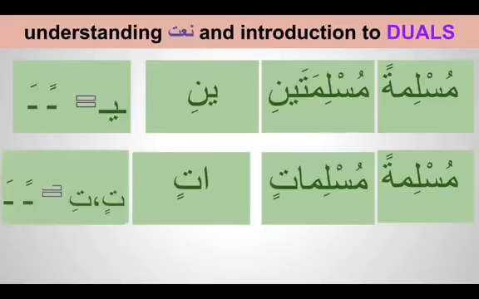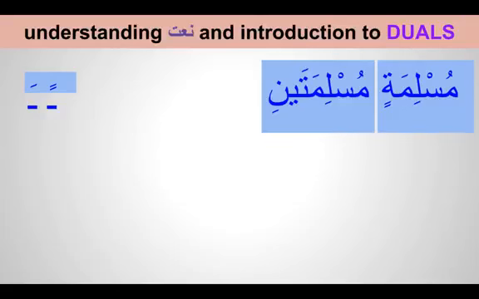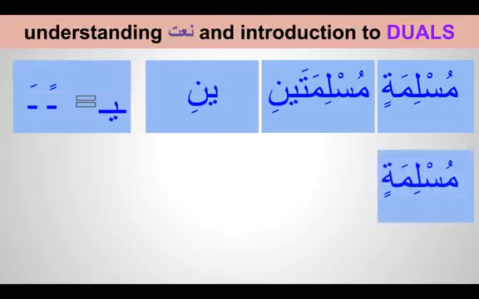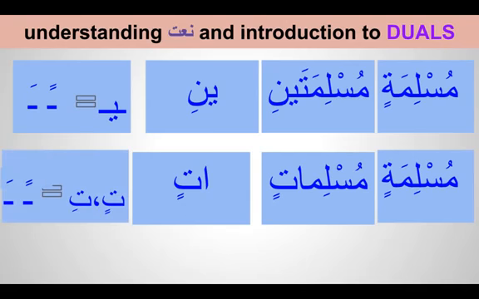And same thing for Muslimatin, majroor form, Muslimataini. If it was Muslimun, it will be Muslimaini, and Muslimatin will be Muslimataini. So Muslimatin for jama' muannath salim. So again same mansoob and majroor forms. Depending on the word before, we will know whether it is mansoob or majroor.